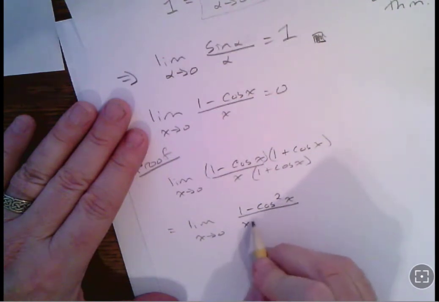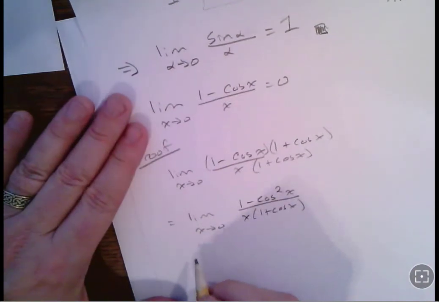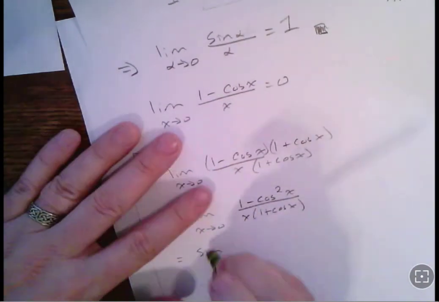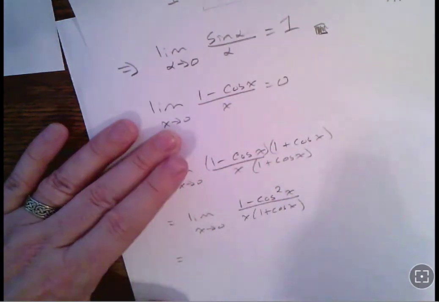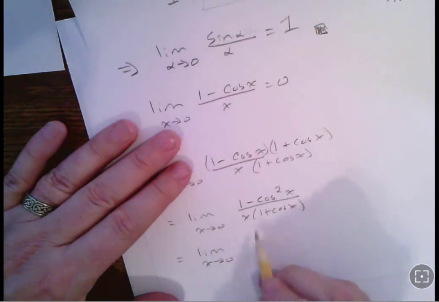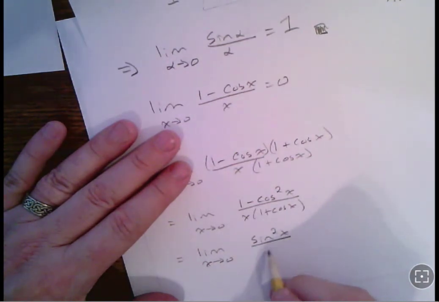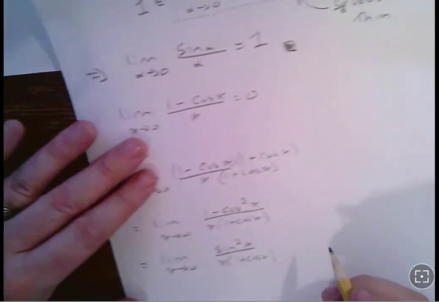And in the bottom, it is x times 1 plus the cosine of x. And then up on the top, I've got sine squared. So this will become the limit as x approaches 0 of the sine squared of x divided by x times 1 plus the cosine of x.